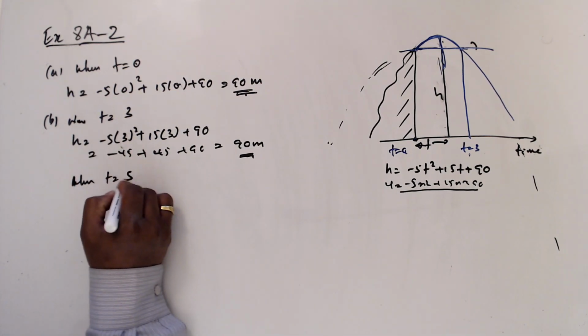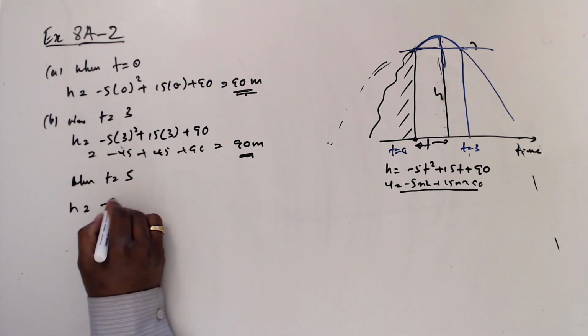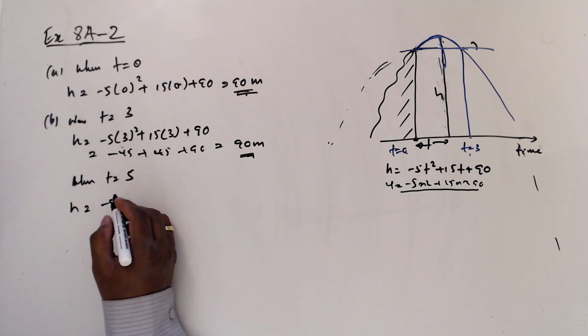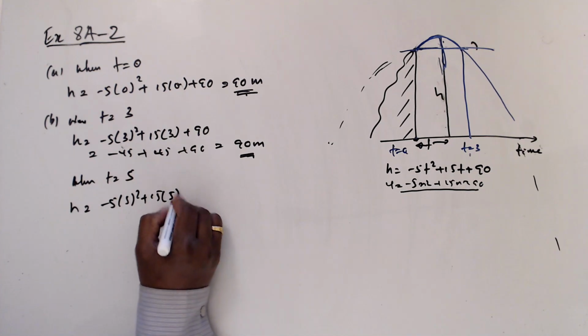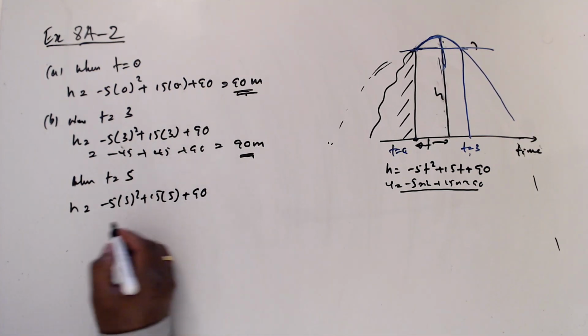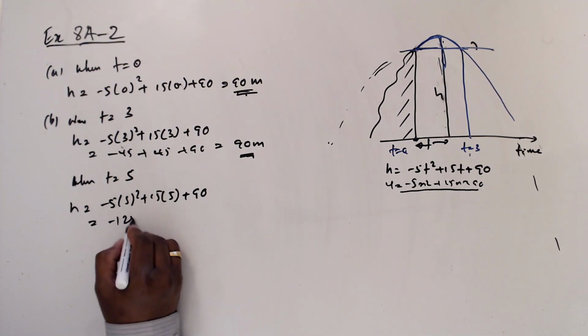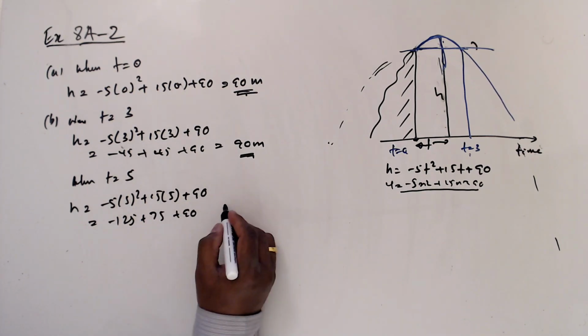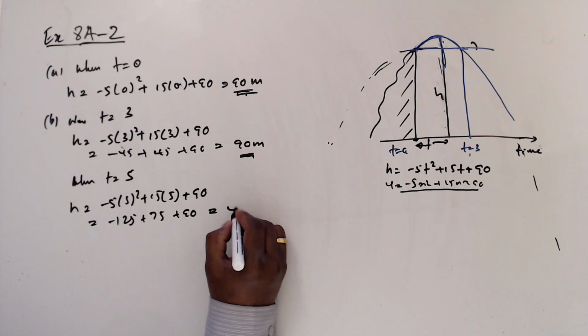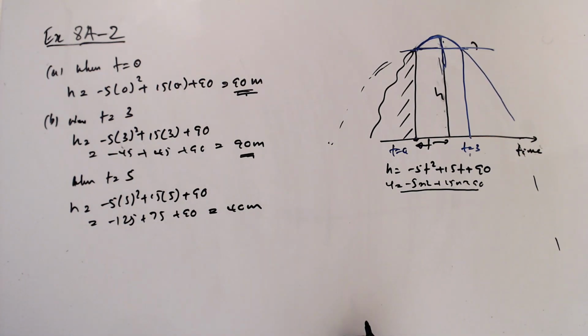When t equals 5, h equals minus 5 times 5 squared plus 15 times 5 plus 90. So this is going to be minus 125 plus 75 plus 90. That will make 40 meters.